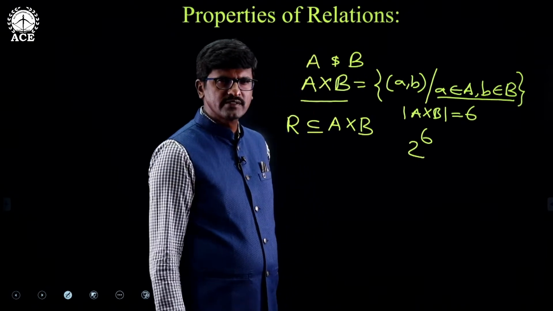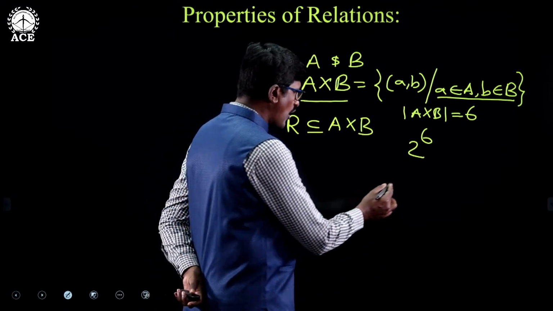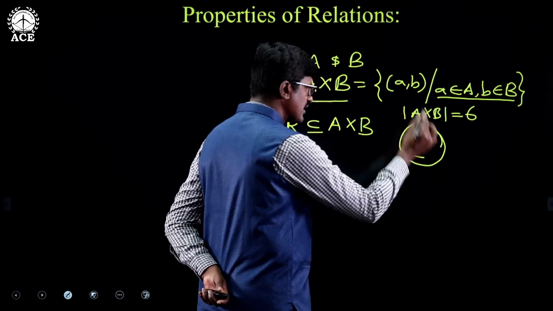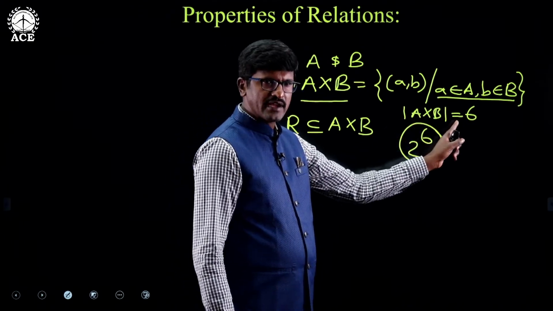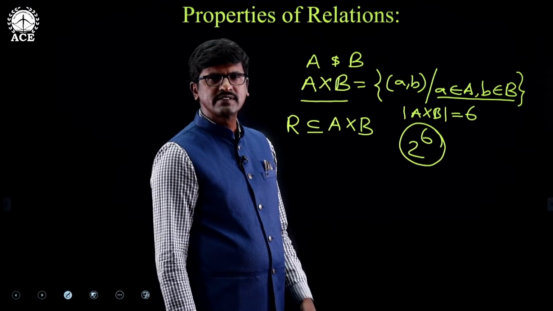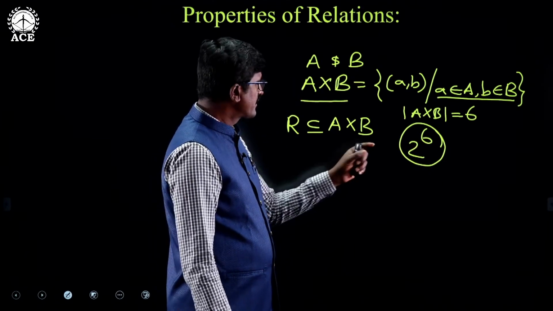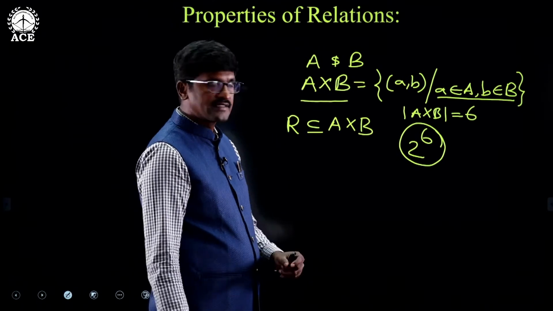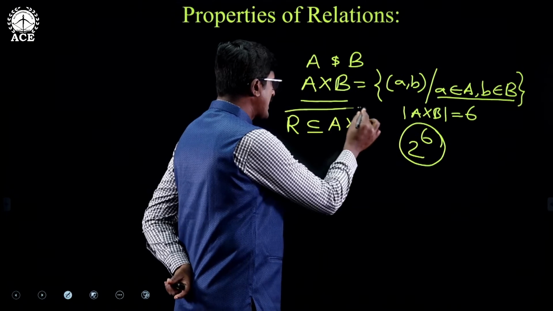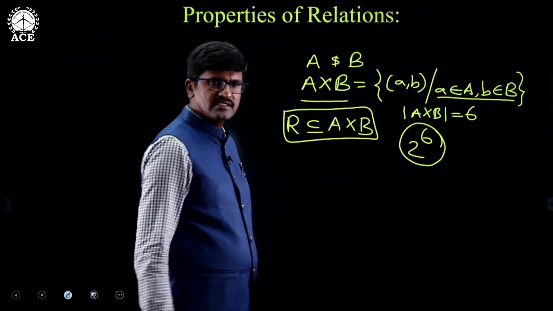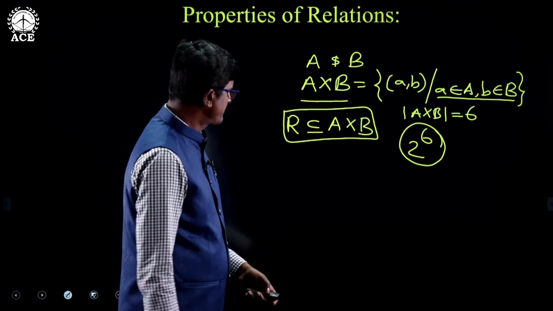These are all the relations. These subsets will be the relations from set A to set B. So simply you can understand that a relation is a subset of the Cartesian product.